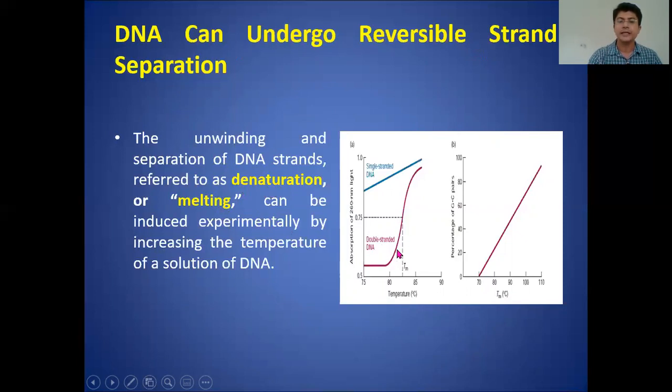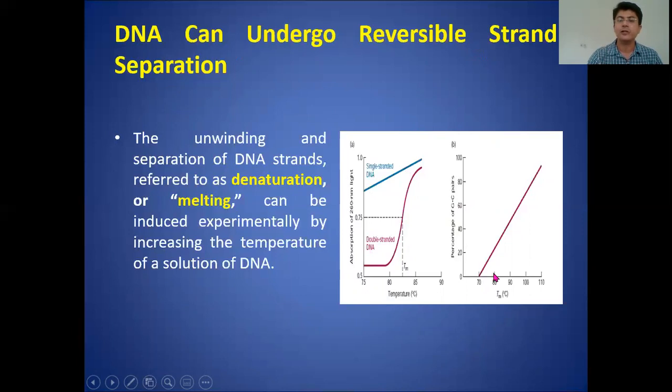Here, as the strands get separated, the absorbance of the DNA solution increases. Here the absorbance of the single-stranded DNA is shown, where as the temperature increases, absorbance also increases. But you can compare it with the double-stranded DNA. It is more in case of single-stranded DNA.